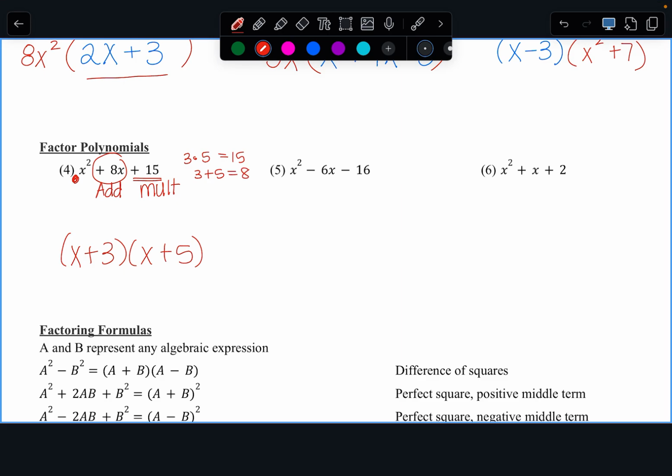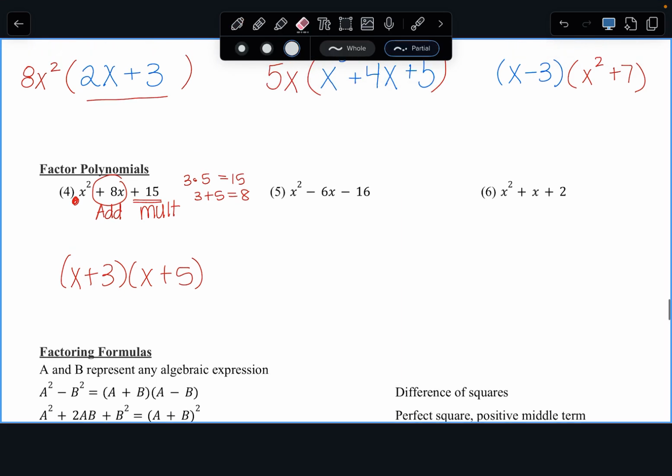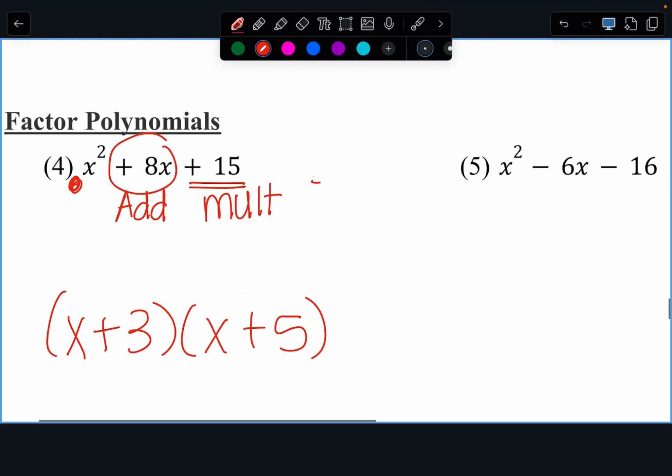Now, if you didn't know that right away, what you could do instead is list the factors of 15. 1 and 15, 3 and 5. Do you agree? Those are the only things that multiply to get 15. Yes.